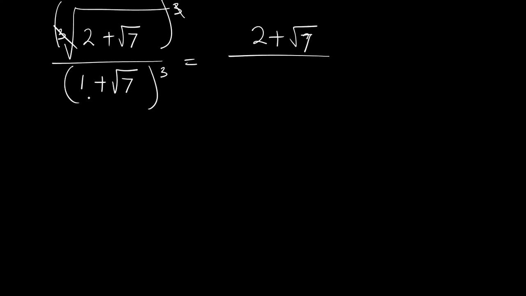Now, for the bottom, let me draw the binomial theorem triangle. You start with this expression. The first row, you have 0 plus 1 is 1, 1 plus 0 is 1.